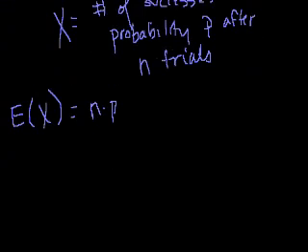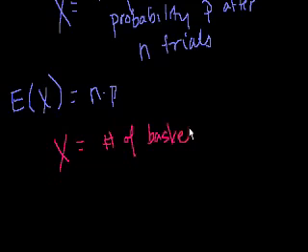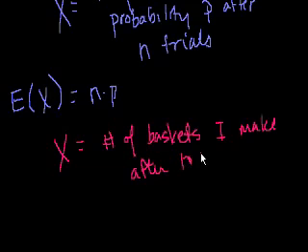So if I said that x is, let me do it in a different color, x is equal to the number of baskets I make, where I'm talking about basketball, not basket weaving. Number of baskets I make after 10 shots, where the probability of me making any one shot is, I don't know, 40%.